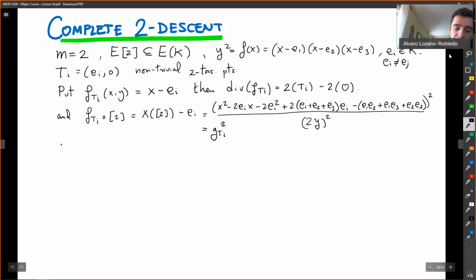Okay, now let (b1, b2) be in K star mod squares cross K star mod squares.